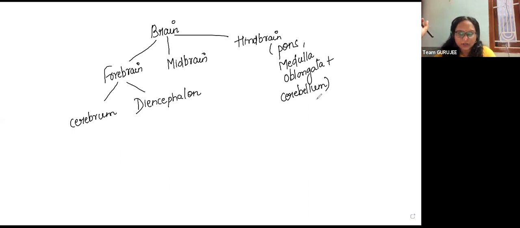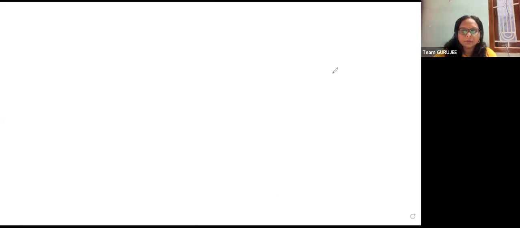But when you go to your entrance level, you have to go a little more in depth. So I have tried to cover it in depth a bit.